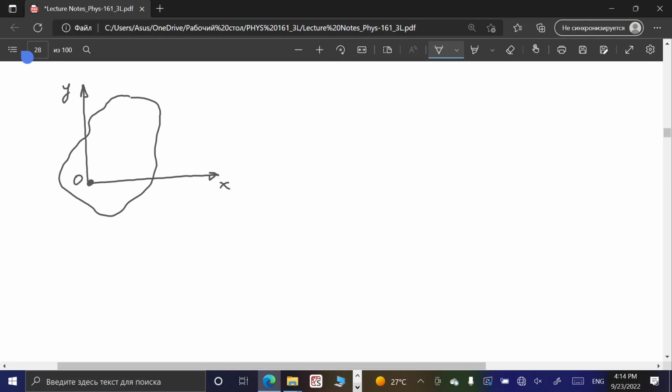Since we have a continuous body, we want to divide it into some small elements. That's how we approach every time when we have some continuous rigid body. So let us define here some small element with mass dm at the distance from the center, the origin of this system of coordinates, and automatically also the distance to the axis of rotation, the position vector r.